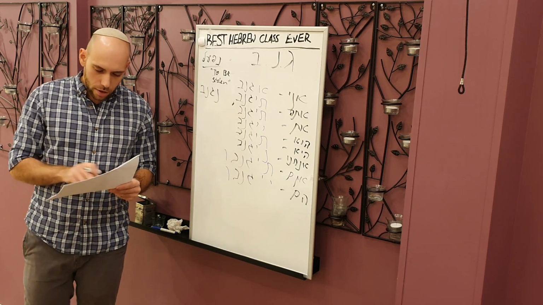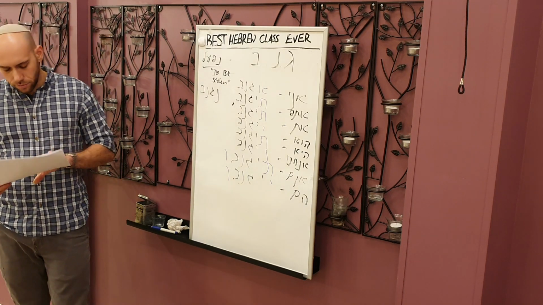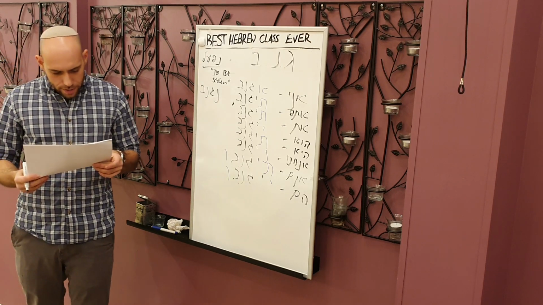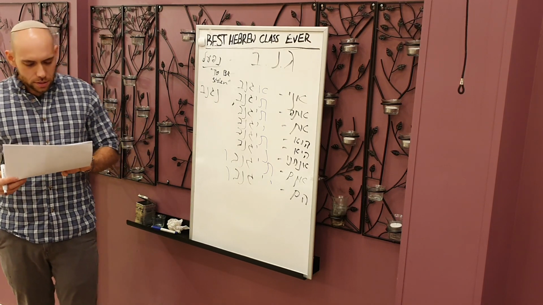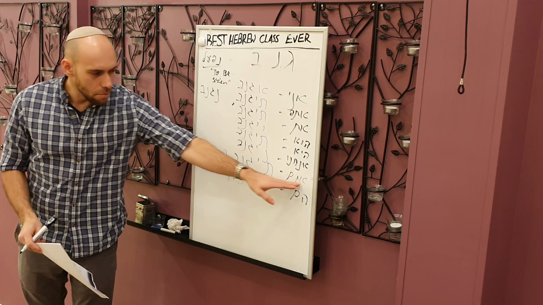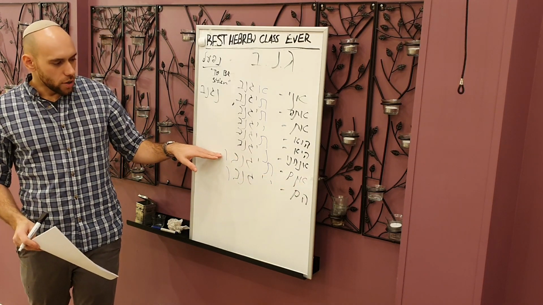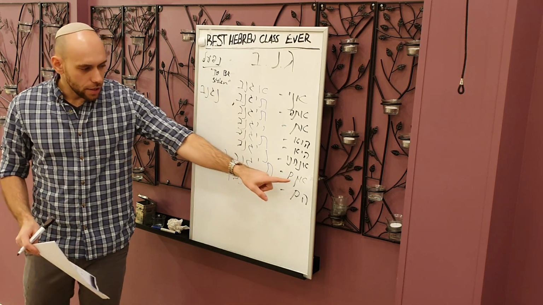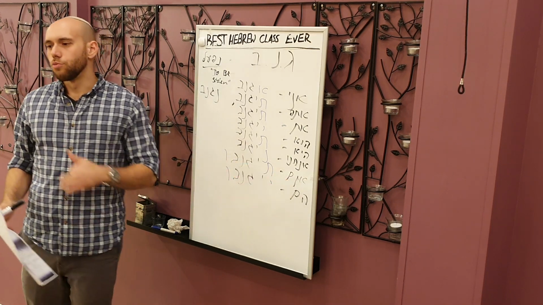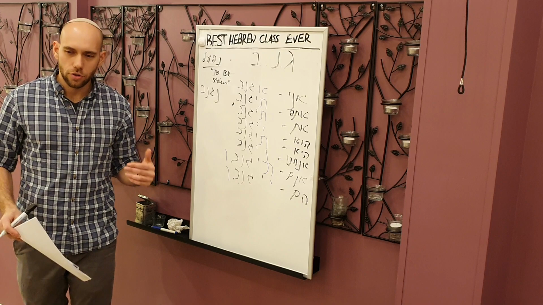So what they're telling you here in the chart is that we have the atem form, which is you plural. Now, there is aten, which is you plural if I'm speaking to all three of you because you're all female.